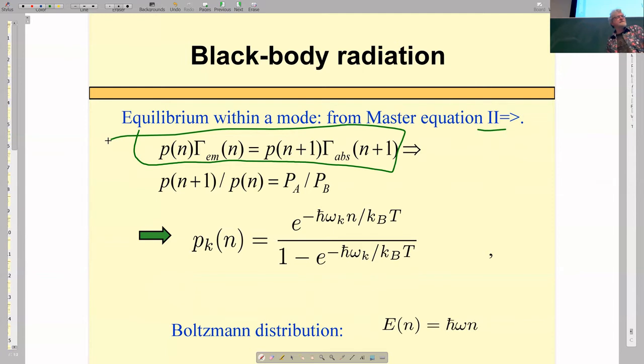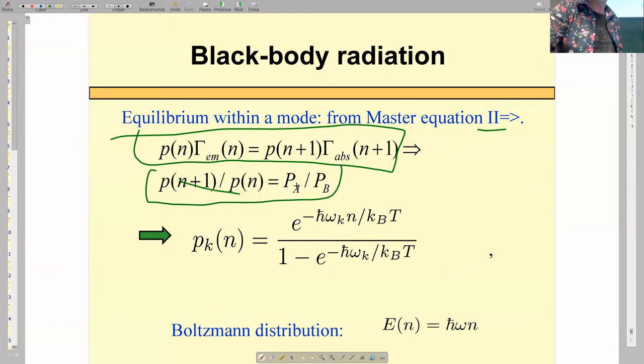All right, we can solve this equation in the stationary case, and then again the ratio of two probabilities would be just the ratio of probabilities of two states of matter. That is given by thermodynamics.